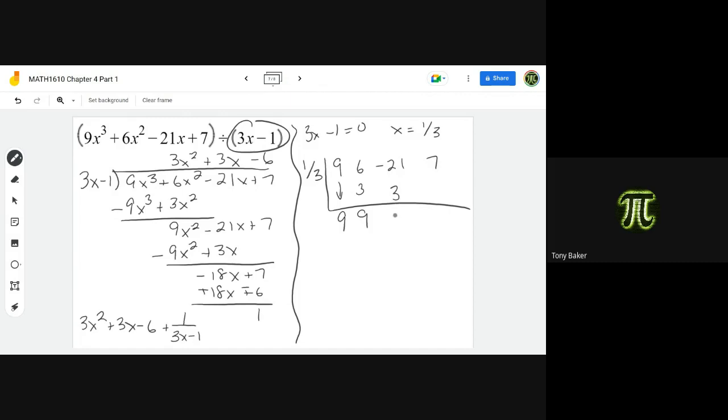Negative 21 plus 3 is negative 18. 1/3 times negative 18, negative 6. And that ends up being a 1. So I would have 9x squared plus 9x minus 18 plus 1 over 3x minus 1. Are those two the same?